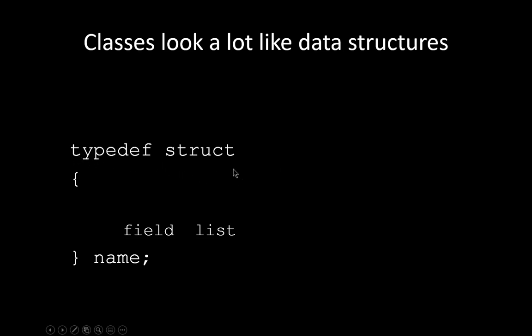So let's take a look at the way we declared a struct from our previous lecture. We had our typedef saying it was a structure, then the name that we're going to associate with the structure type, and then a list of fields within that structure. In other words, a list of variables that's part of this struct type. If we want to change this to be a C++ class, we just take the typedef line out and replace it with the word class.